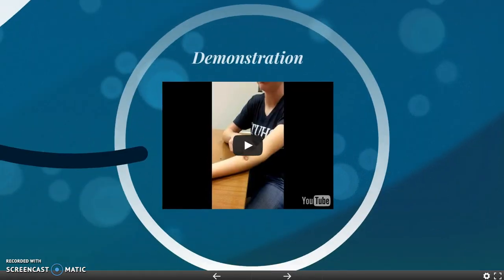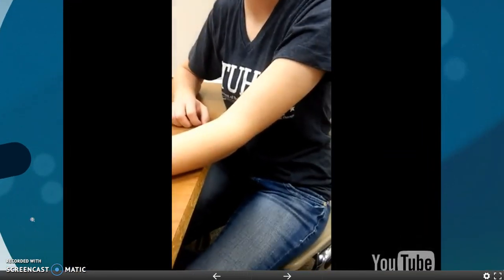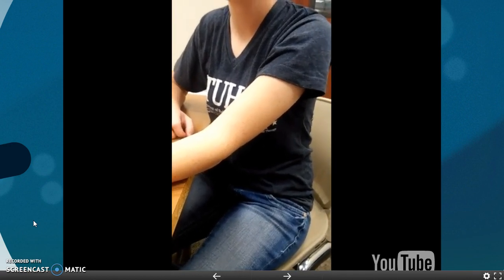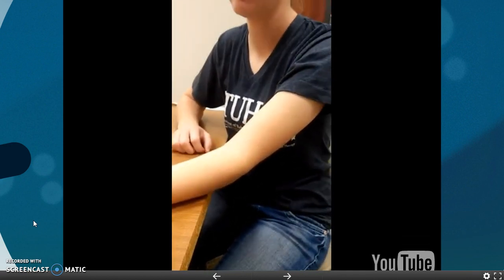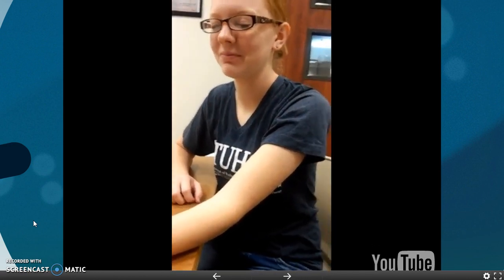And here is a brief demonstration on what a tactile localization screening will actually look like. Okay, we're going to show you how to screen for tactile localization. So we'll start off by having the patient close their eyes so they can't see anything.